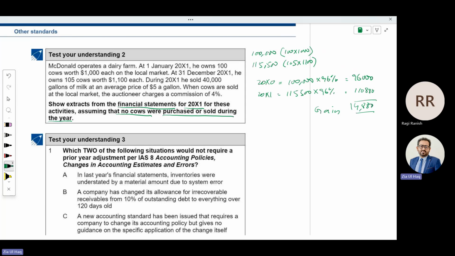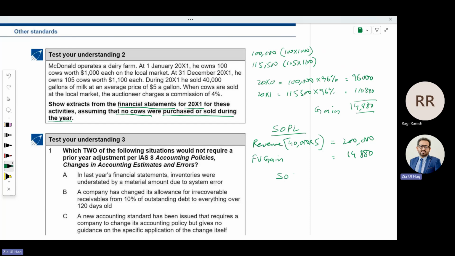This means in the statement of profit and loss, we should record revenue by selling the milk. How much milk did we sell? 40,000 into 5 per gallon. How much is that? 200,000. Fair value gain of how much? 14,880.